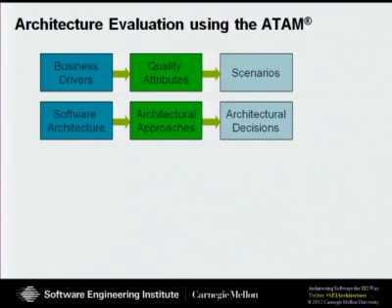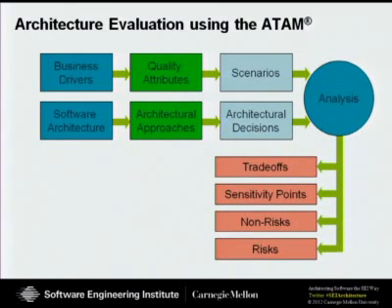The second row is concerned about the architecture: understand the architecture approaches and the architecture decisions in it. Then, after you have those two, you do the analysis, and the analysis results in trade-offs, sensitivities, non-risks, and risks. Risk here means there is a mismatch: the architecture decisions do not support what the quality attribute scenarios say.